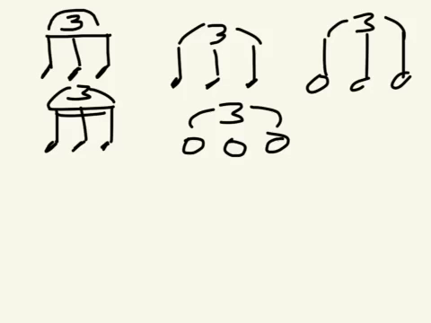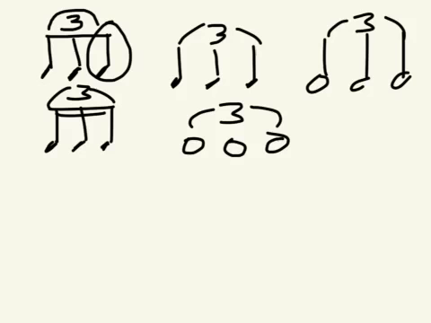Okay. So, a triplet gets the same value as 2 of the same. Okay, so in the 8th note triplet, it gets the same value as 2 8th notes. So we just kind of pretend when we're counting this, to figure out how many beats it gets, just pretend that last 8th note's not there, and it gets 2 8th note beats.